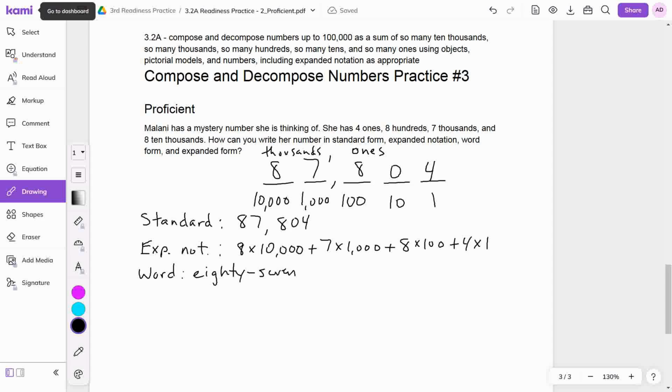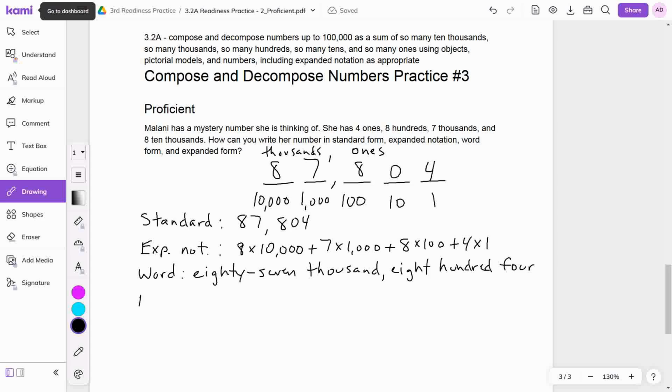And then I say the family name, thousands, or 87,000. And then 804 is 804. I don't say the family name. We're saving that for when we get into decimals in 4th and 5th grade. So that's word form.